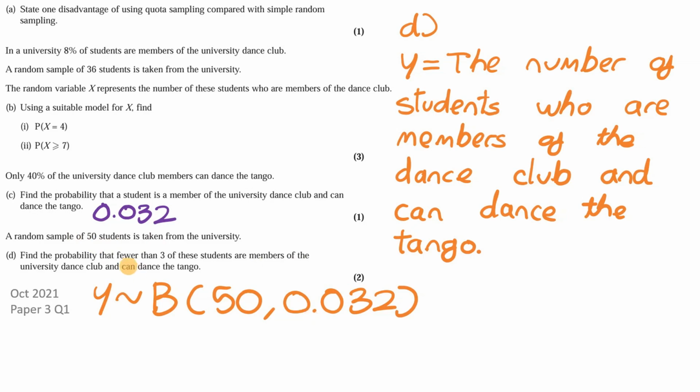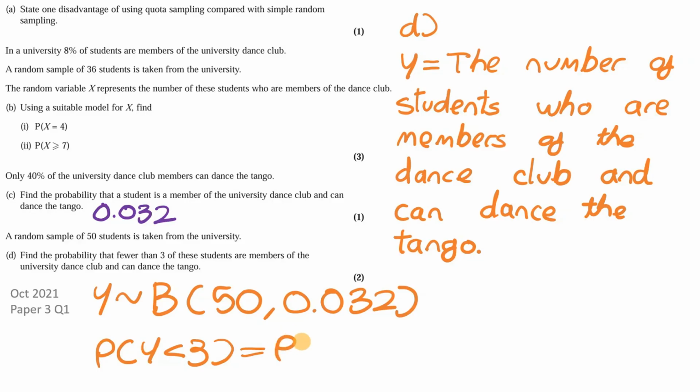Okay, now we need to find the probability that fewer than 3 of these students, so remember this is y is less than 3, remember what fewer than means. So we need to find the probability that y is less than 3, okay?